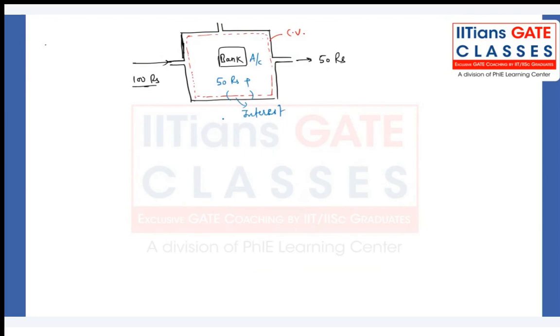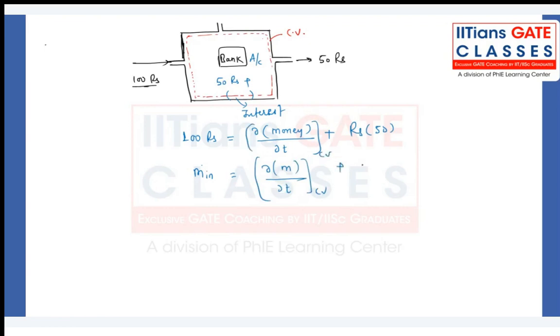That interest will be there, maybe 2 rupees or 3 rupees, added to the 50 rupees. So what you are doing: 100 rupees deposited is equal to the interest, depending on the time you keep the money, plus 50 rupees, which you have withdrawn. Consider money as mass flow rate: the mass flow rate going in is equal to dou m by dou t in the control volume, plus the mass flow rate of money coming out.